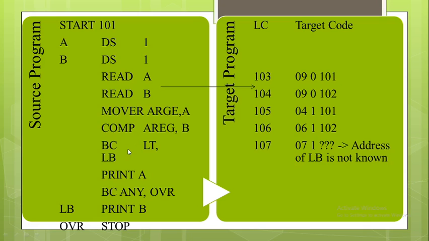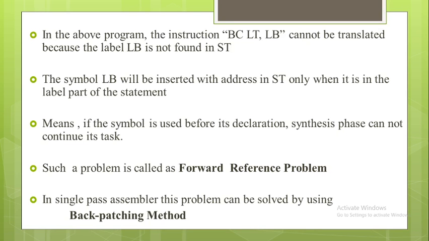The symbol LB will be inserted with its address in the symbol table only when it is encountered in the label part of a statement. That means if a symbol is used before its declaration, the synthesis phase cannot continue its task, and such a problem is called the forward reference problem.